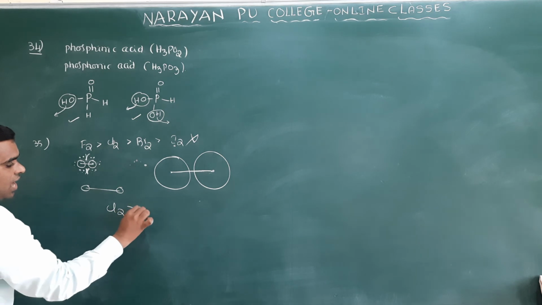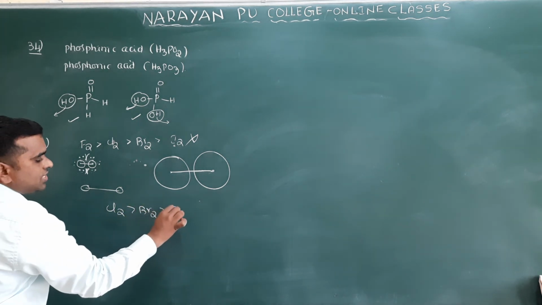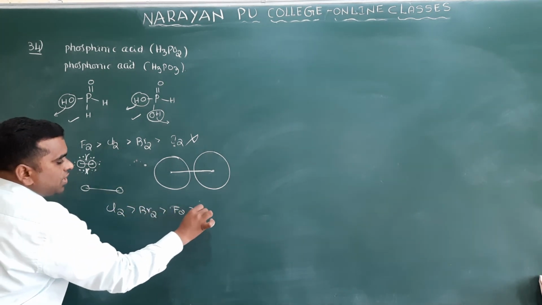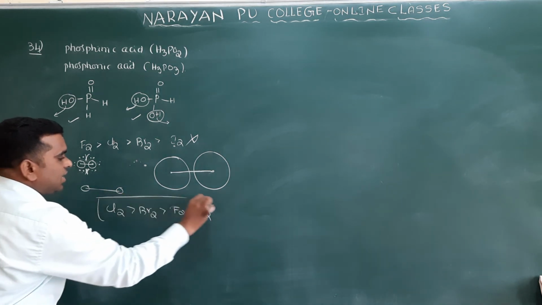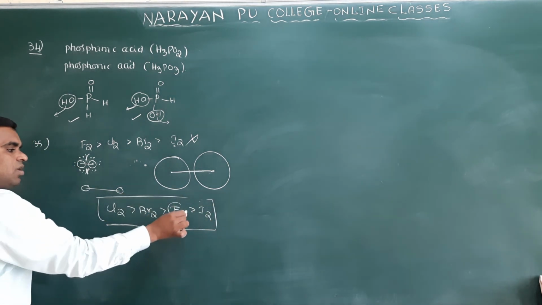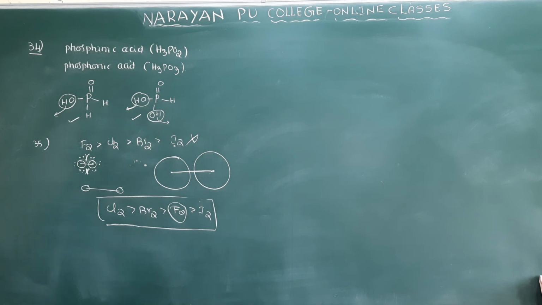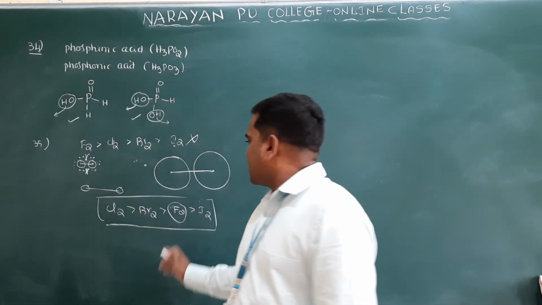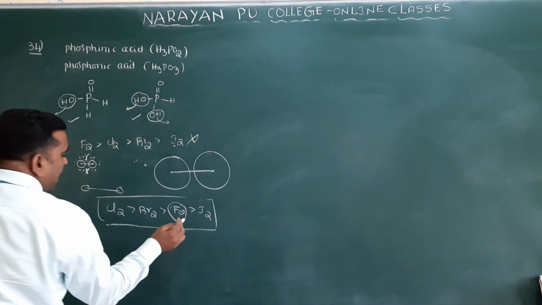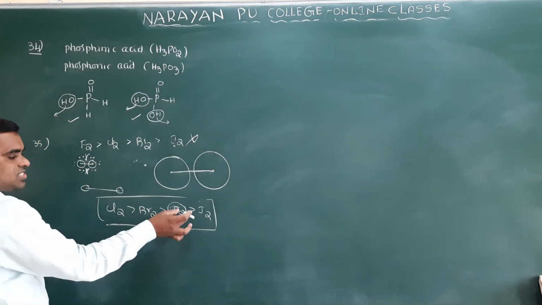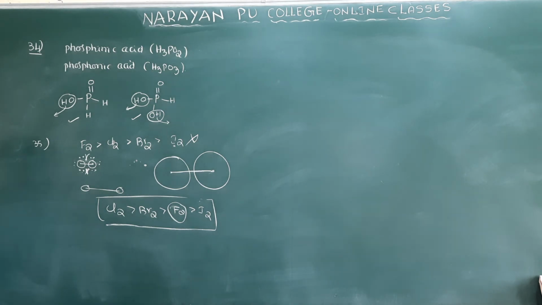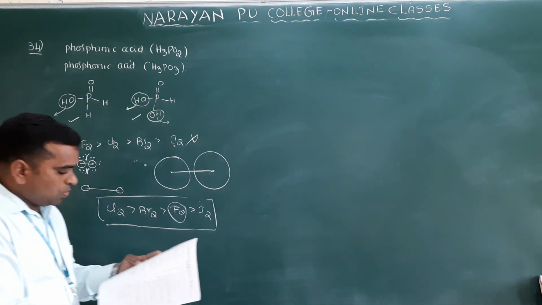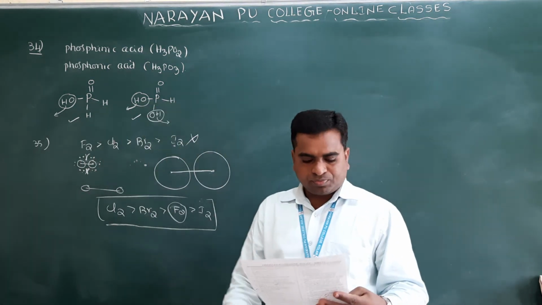It is chlorine, bromine, and then fluorine, and the last one is iodine. This is the correct order. Fluorine should have the highest bond dissociation energy, but because of maximum lone pair repulsions in fluorine, its bond dissociation energy comes after bromine. Clear? So that is your option, option 1.